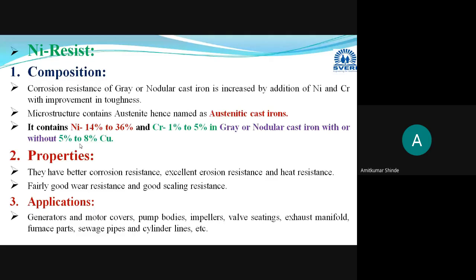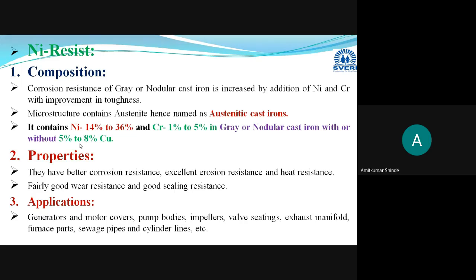And then for the application parts, these nickel resist cast irons can be used for manufacturing generator and motor covers, pump bodies, whichever body we are using in the pumps, impellers, different valves, and exhaust manifolds. I have a diagram of the exhaust manifold, I will show you later.